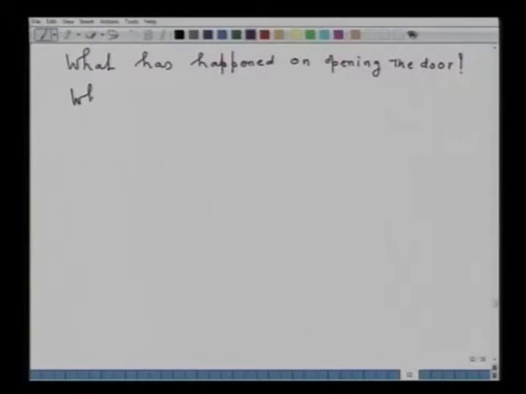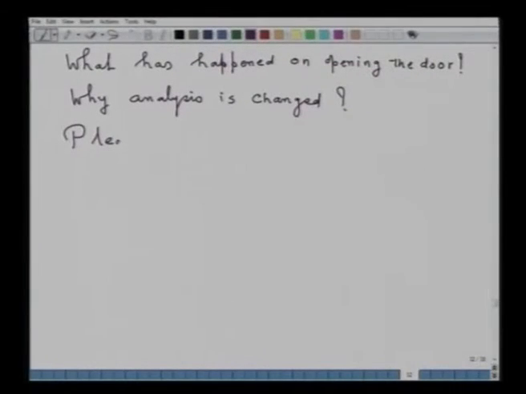Then he also wants to know why the analysis is changed, because now you see the analysis of POC does not contain any amount of CO. In the normal operation, it was 0.5% CO. Now, there is no CO in the volume of POC. He is surprised. What has happened? So, please explain to him.